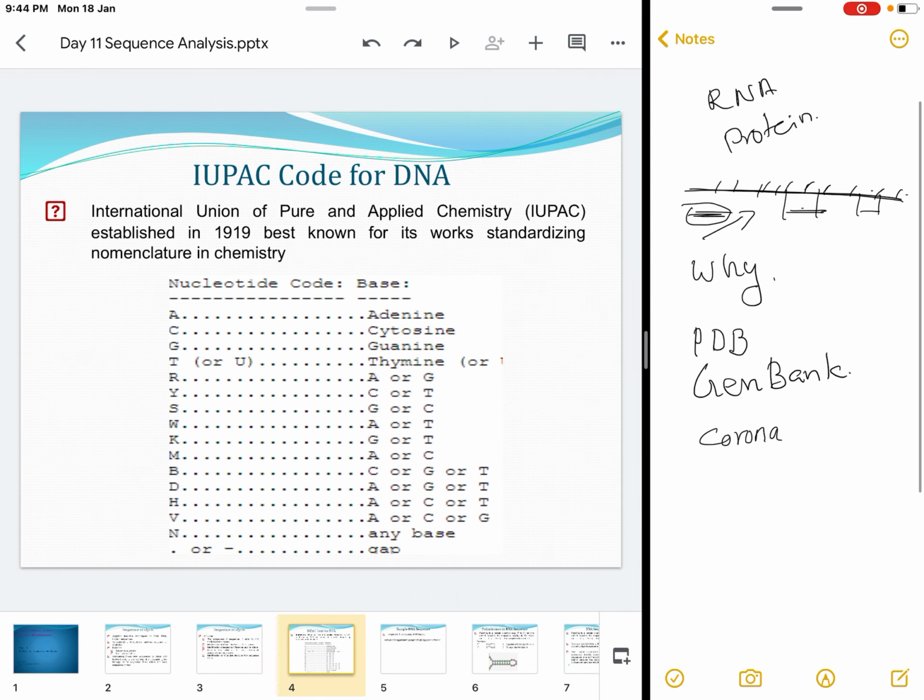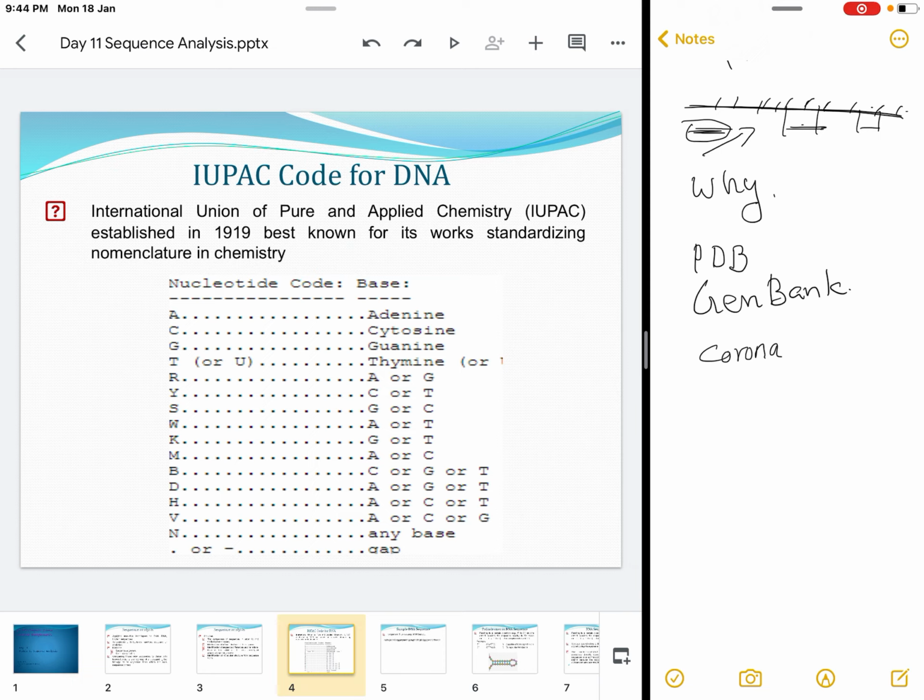Now, if you think about sequence, then you have to think about whether it is a DNA sequence, an RNA sequence, or a protein sequence. We have to think about the string representation of these sequences, how they are represented as characters, because we are always thinking about the computation side of these sequences.